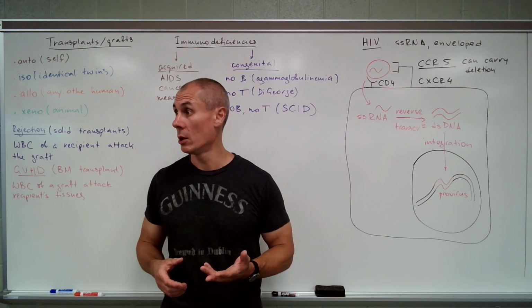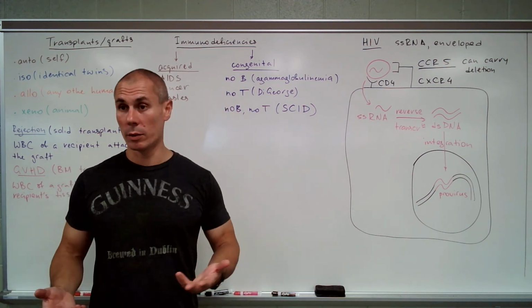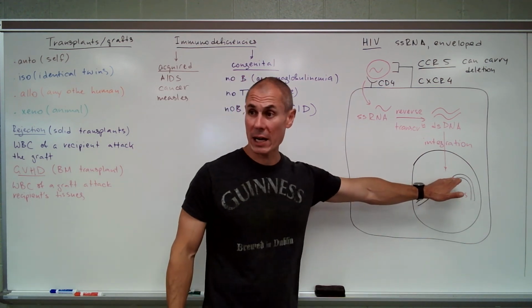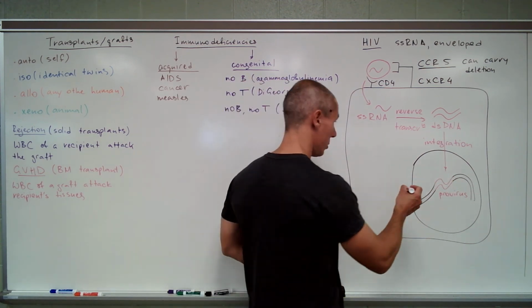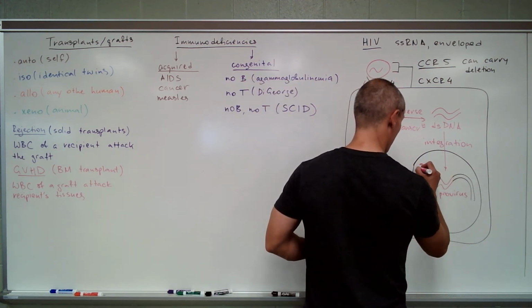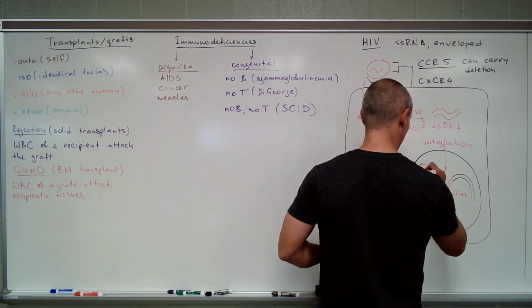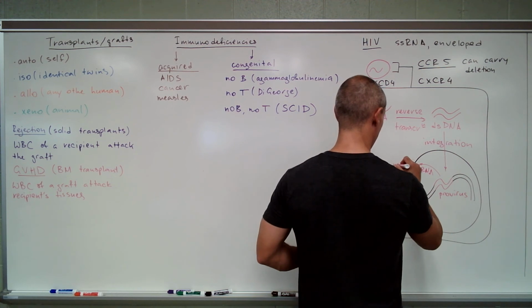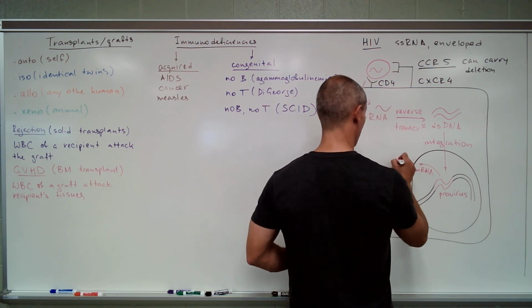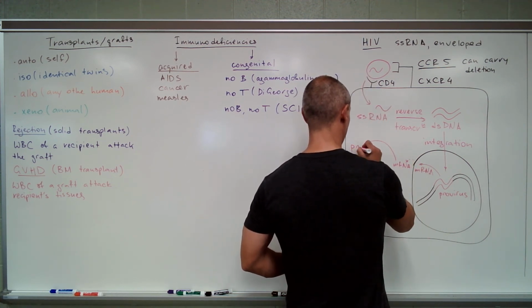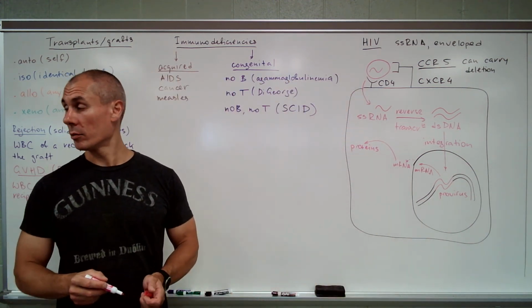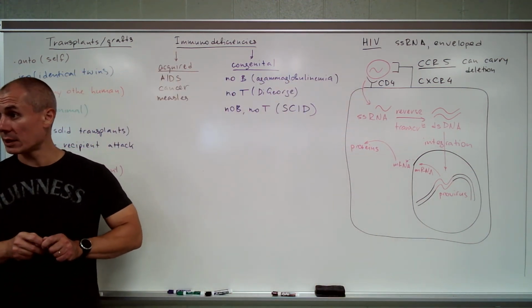Now what happens next? Well, now we get normal gene expression. So this fragment, this provirus, serves as the template in transcription to make viral mRNA, which is then used in translation to make viral proteins. So as you can see, all pink color refers to the virus. Does that make sense?